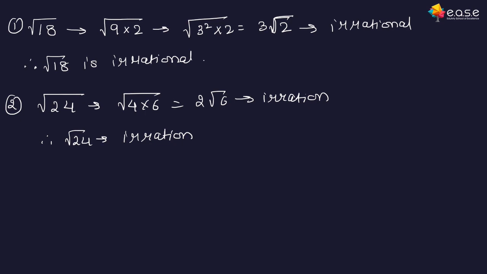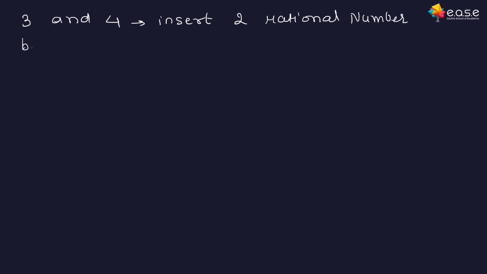Now, let us figure out if we are given two numbers, say 3 and 4, and we have to insert two rational numbers between 3 and 4.